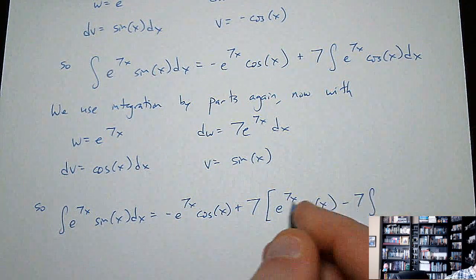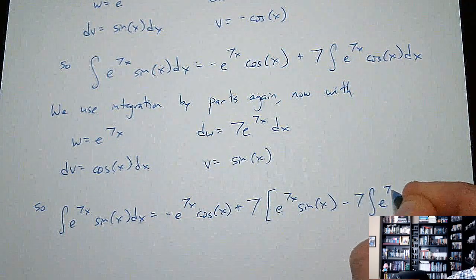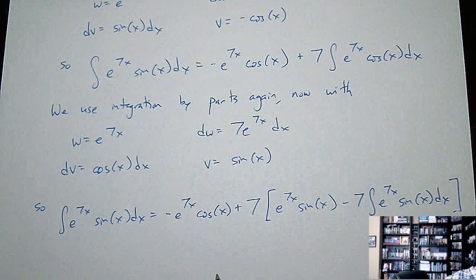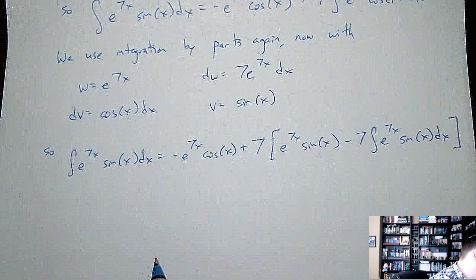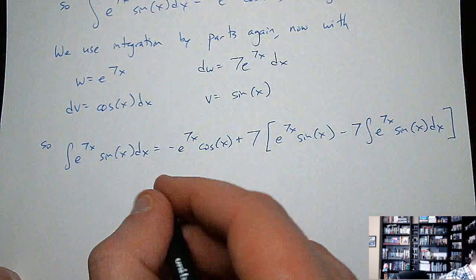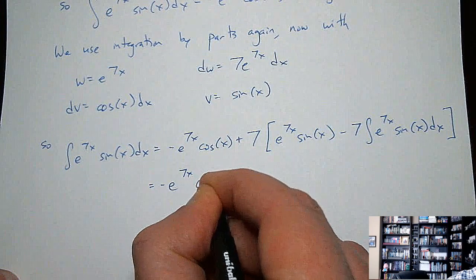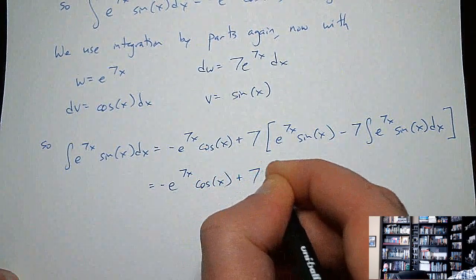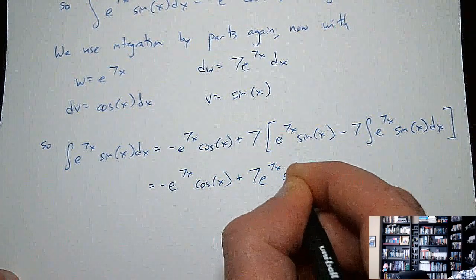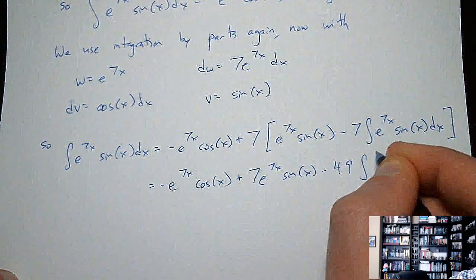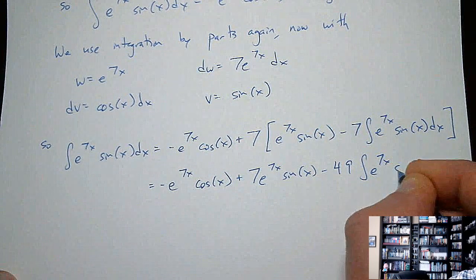So that'll be minus 7 times the integral of e to the 7x sine x. And so then we can multiply this through. So that'll be negative e to the 7x cosine x plus 7 times e to the 7x sine x minus 49 times the integral of e to the 7x sine x.